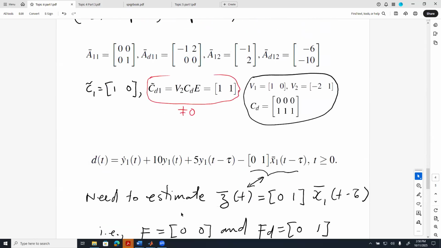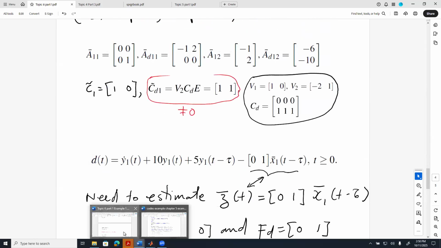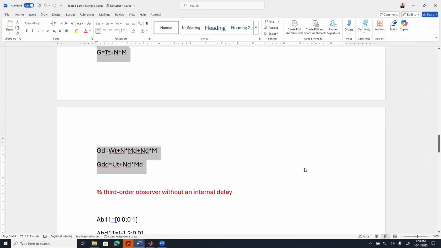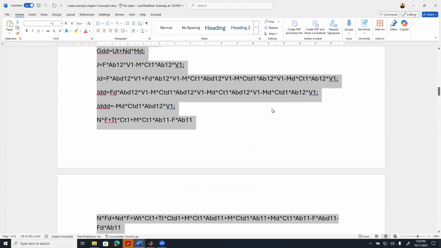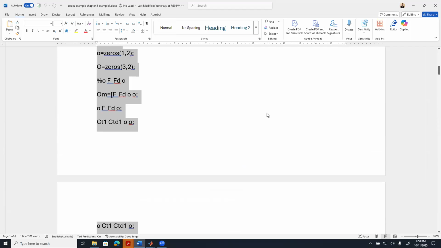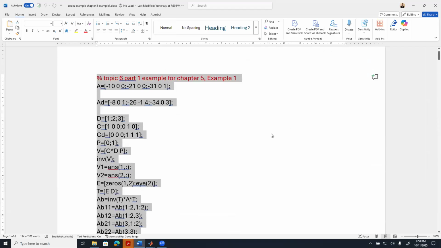All right, so let's have a look at it. We already did the simulation and the code. Now this is how it can be incorporated into the estimation of the unknown input.